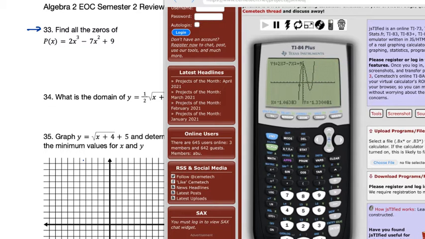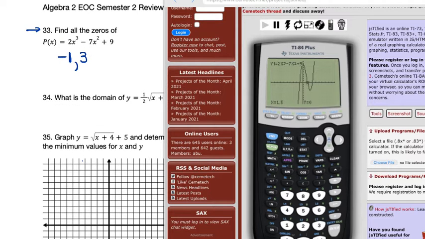So I just tested by looking at the table. I found that 3 is the solution. So let's make a list of these. I got -1, I tested the 3. The one between 1 and 2 I haven't found, so I'll try the number right between 1 and 2. So I'll try 1.5. Yep, that gave me a 0 also. So there's my 3 solutions.